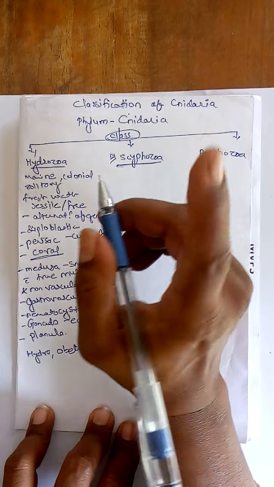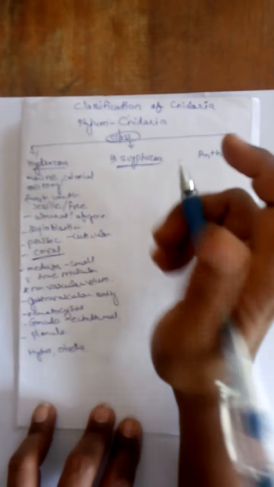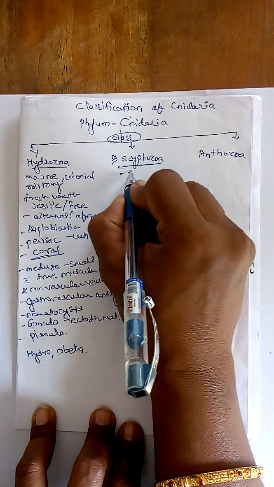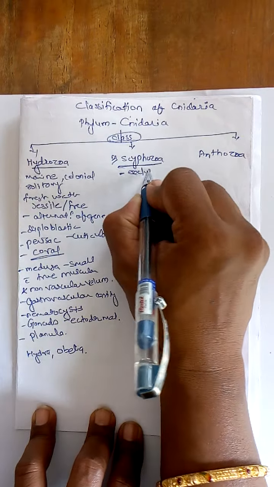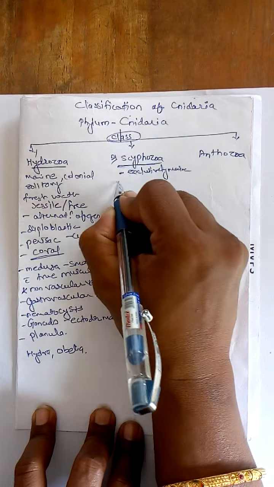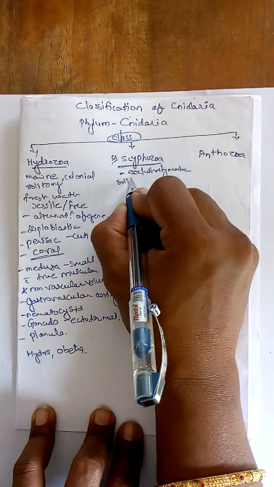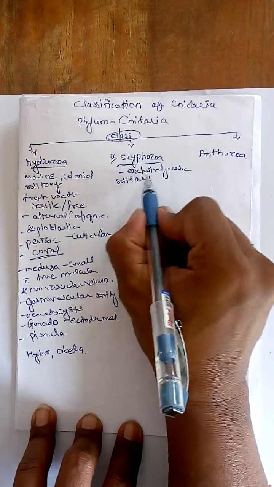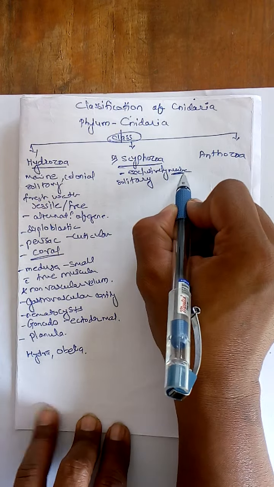Here the animals are exclusively marine and they are solitary. They live individually and are present only in the marine habitat.